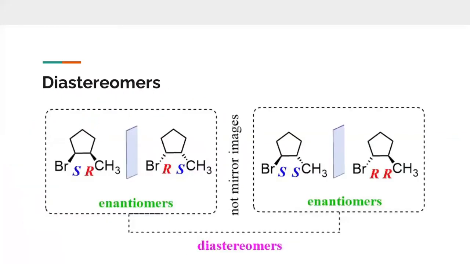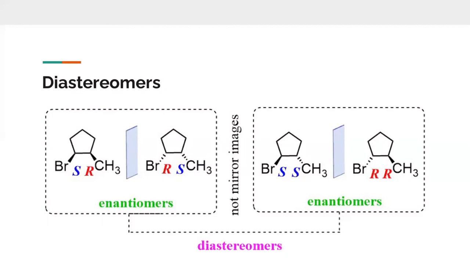Now, one last thing I will cover is diastereomers. Essentially, diastereomers are molecules in which not all of the configurations are flipped. If you think about enantiomers, in order for something to be the mirror image of each other, all of their configurations must be flipped.